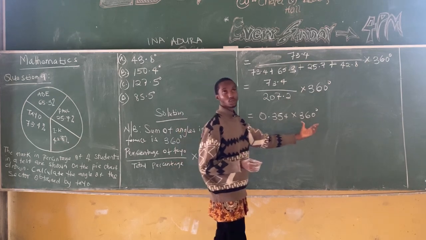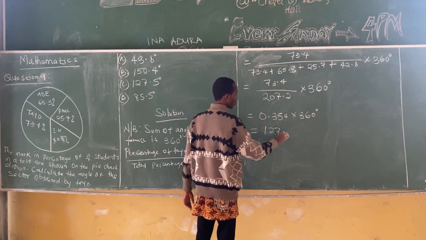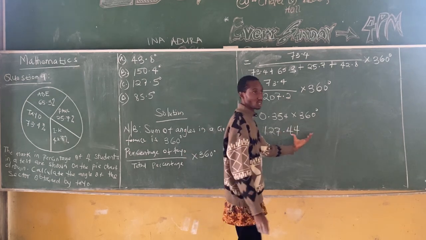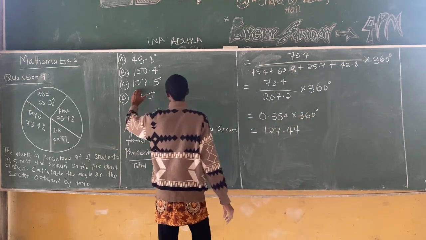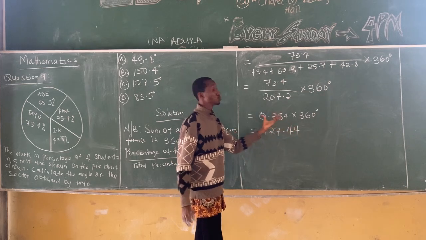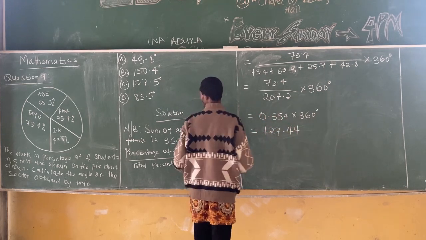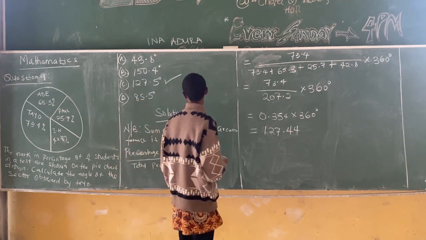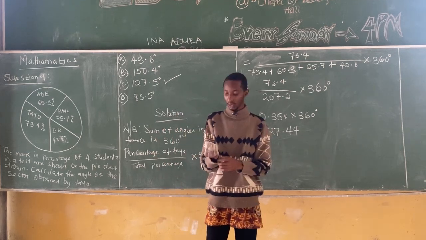And when you multiply this together, you're going to have what? 127.44. I know it has a lot of decimals, that if you approximate, you're going to have 127.5. Don't forget, here we took it to 2 decimal places. So the correct option here is option C, 127.5. Let's move over to the next question, question 10.